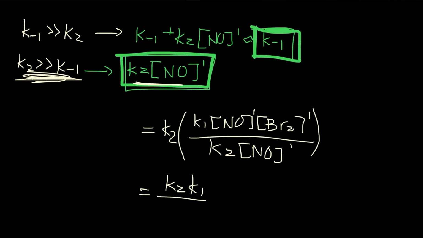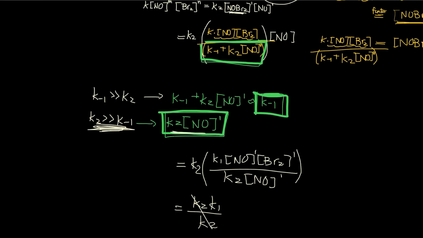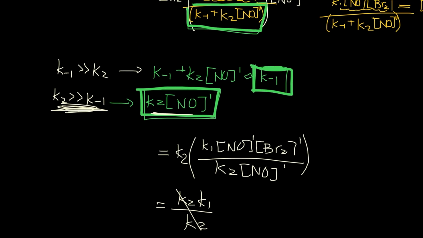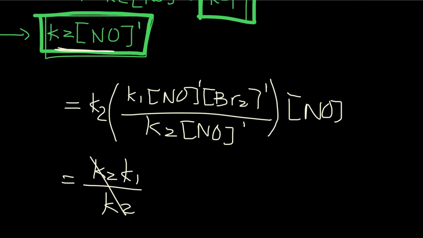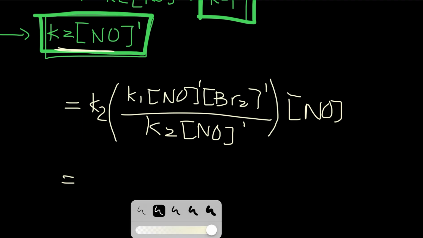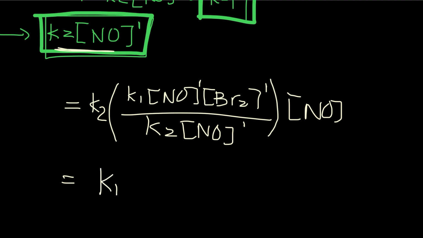K2, K1, K2, so we can just cancel out K2. And then we can, actually, let's see. Okay, there's another NO here. That's what I was wondering. See, don't forget to pull everything down. Okay, so because there are two K2s, one in the denominator, one in the numerator, we can just cancel out the K2 and just keep a K1.